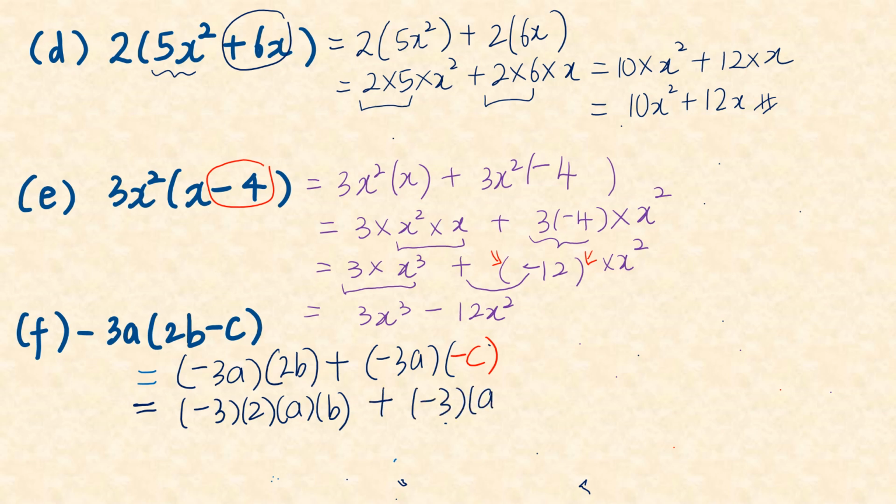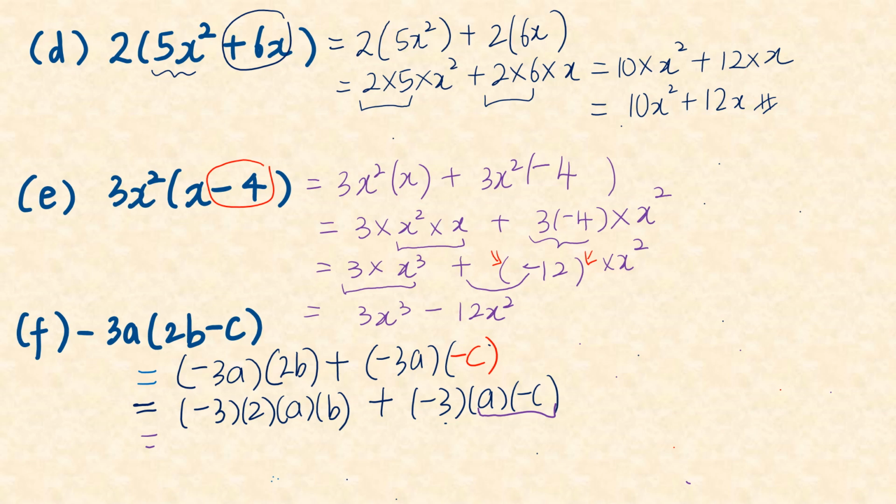But the a and the negative c, I'm going to put it together, side by side. Actually, they're already side by side. It's just that I introduced a bracket to A to split it up. Okay, to split it up because I want to multiply these two together first.